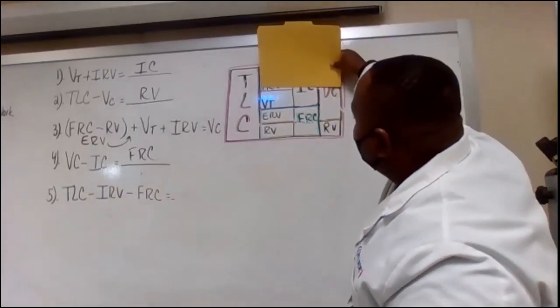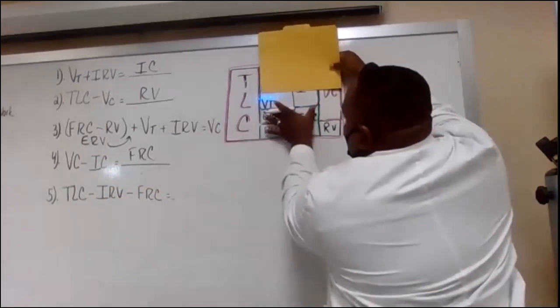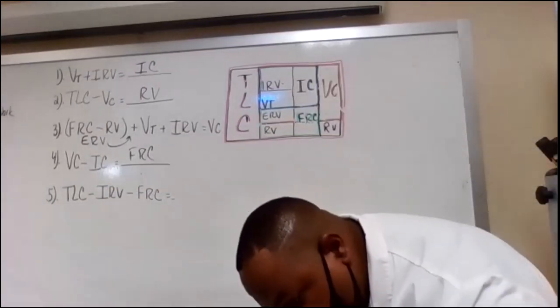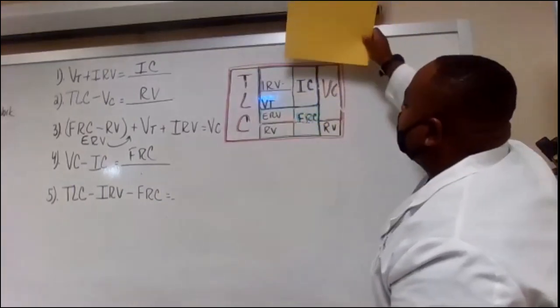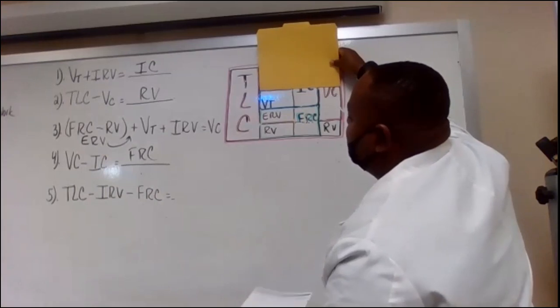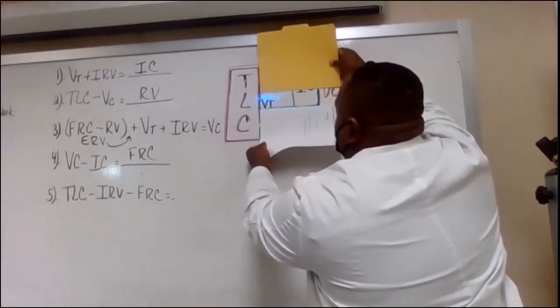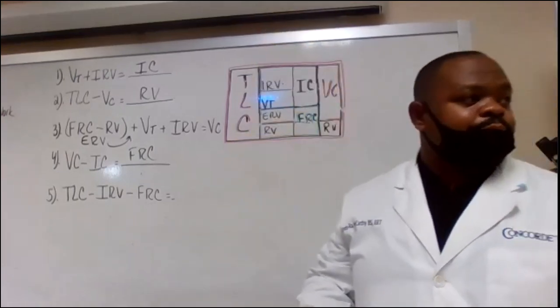So we take away IRV, then we take away FRC. We have TLC. We take away the IRV, and then take away the whole FRC. What's left? VT. Tidal volume.